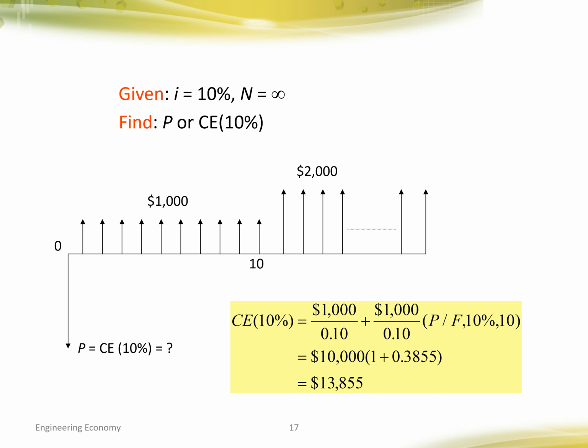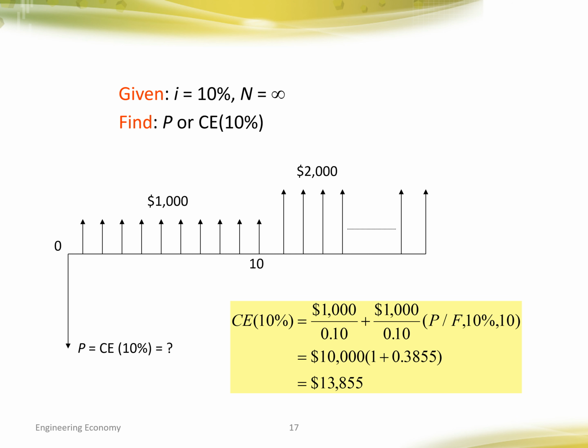How about for this additional 1,000? We can think of we are right here. If we look at this from this point on, it is still 1,000 to infinity, so we still get 1,000 over 10%. But the value that we get will be the value at the end of the 10th year.